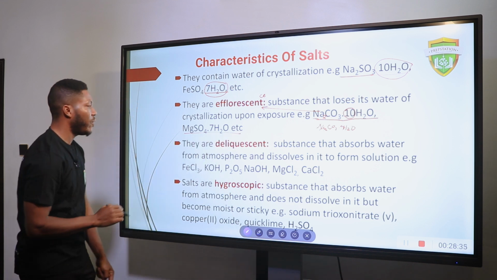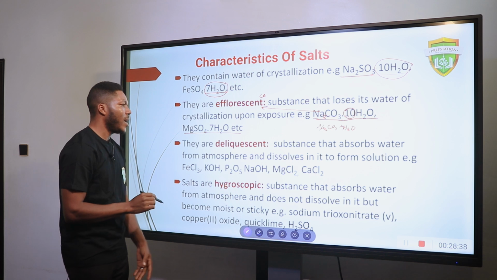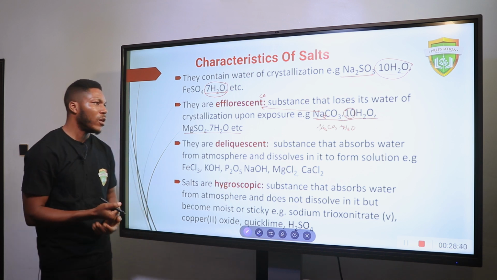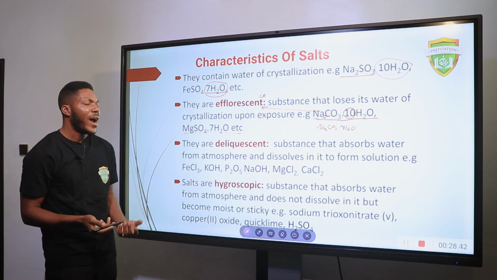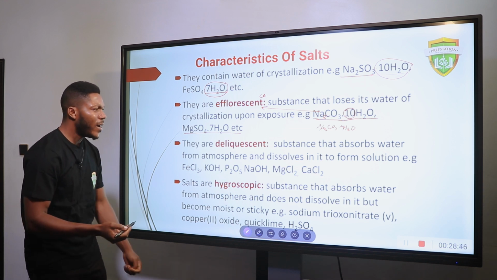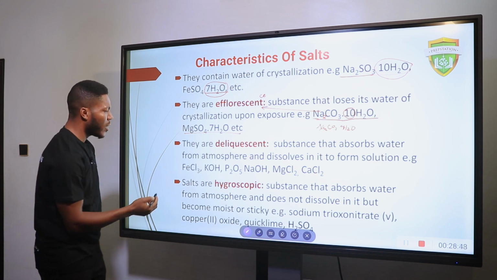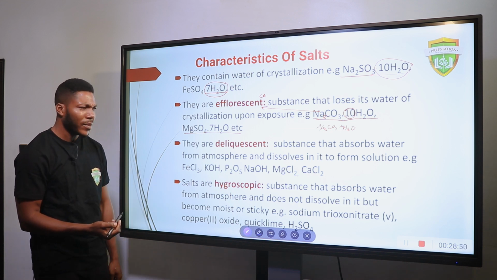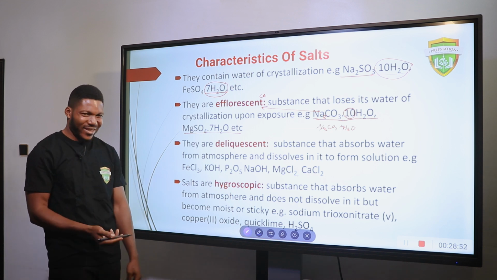Another characteristic of salts is that they can absorb water from the atmosphere and dissolve in it to form a solution. Whenever a salt undergoes such a process, it is called deliquescence.